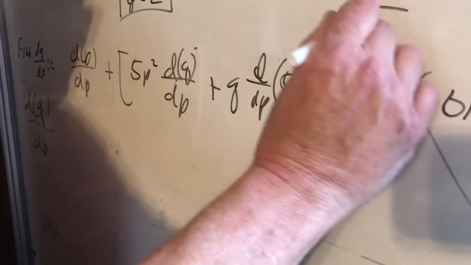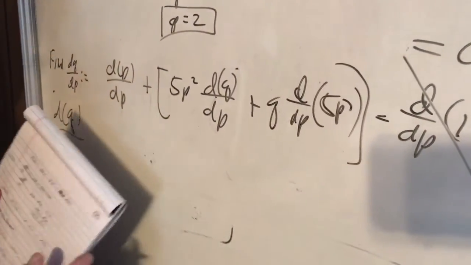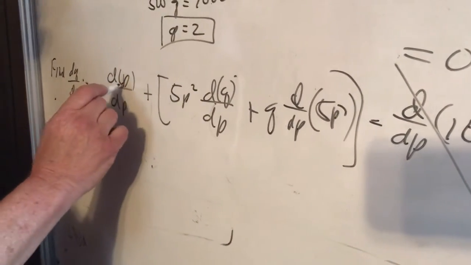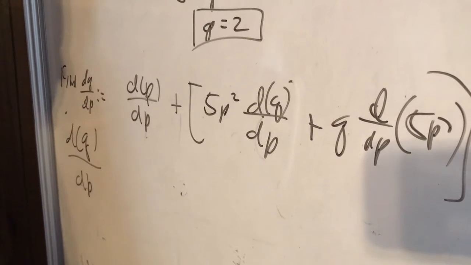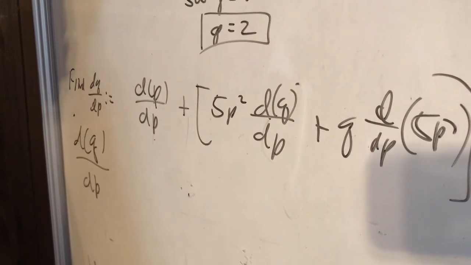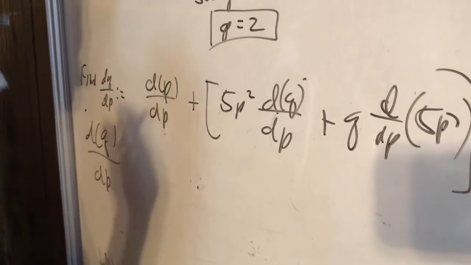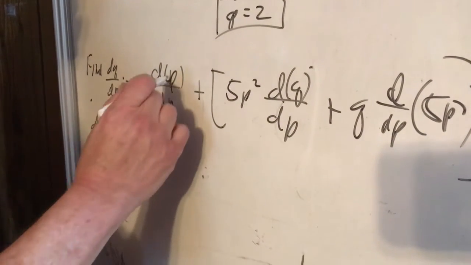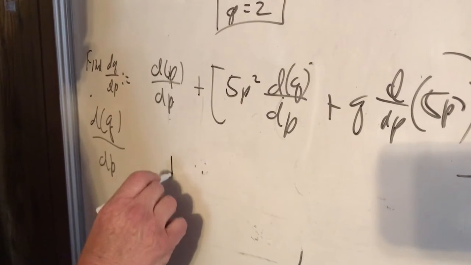I know that equals 0 because that's a constant. Now let's look at this. This is a function in P, and I'm taking it with respect to P. What we're used to seeing is taking d of x with respect to x. I can do that. So this is 1P, so this is just 1.